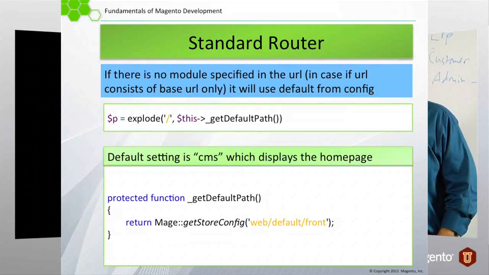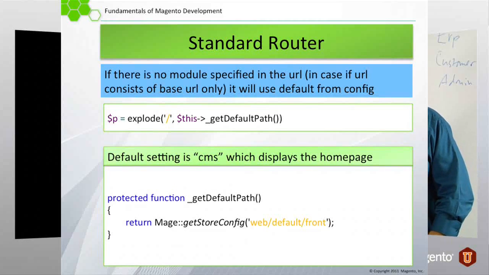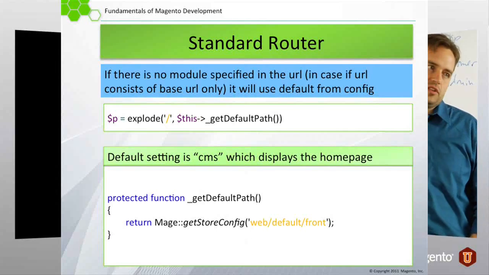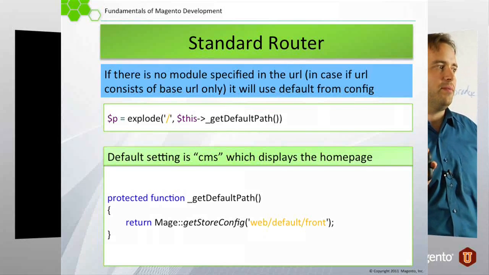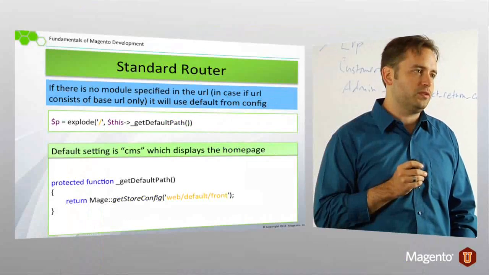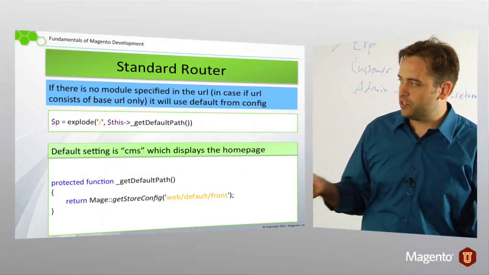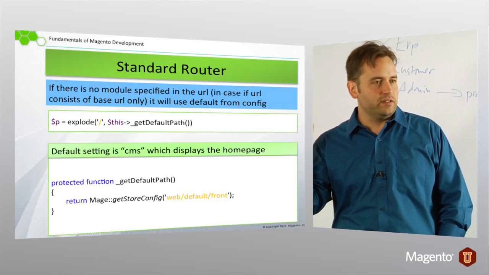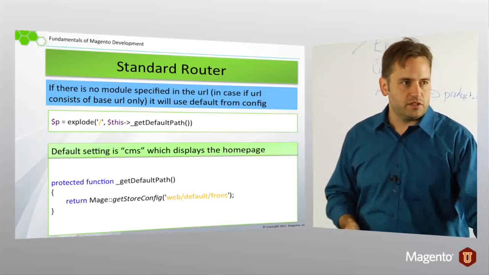In the standard router, there is this get default path method. By default, when you install Magento, the CMS system is used as the default router. It is used as the default path, and basically that's how the home page that's configured in the CMS is mapped.